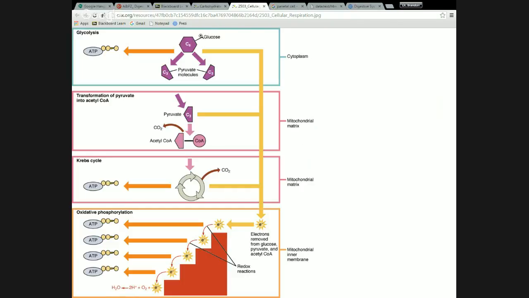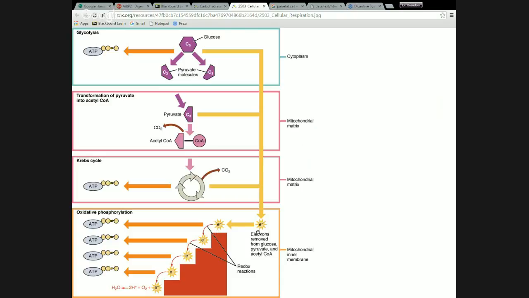Okay, so one C6H12O6 gives rise to 1, 2, 3, 4, 5, 6 carbon dioxides, 2 coming out in the transformation of pyruvate, and 4 coming out in the Krebs cycle for each glucose molecule. And then we generate 6 water molecules when 6 oxygen molecules are present because of the electrons that are present in this process.